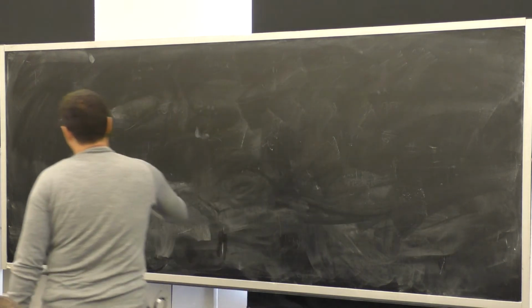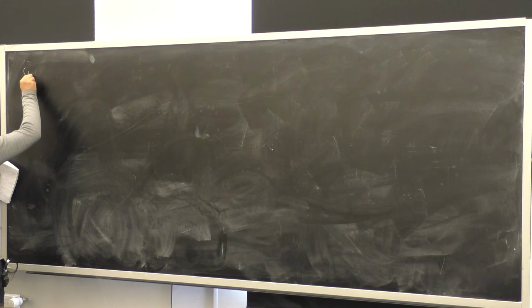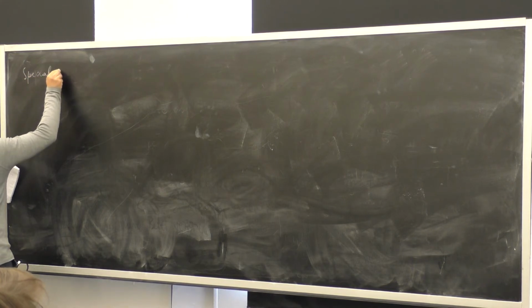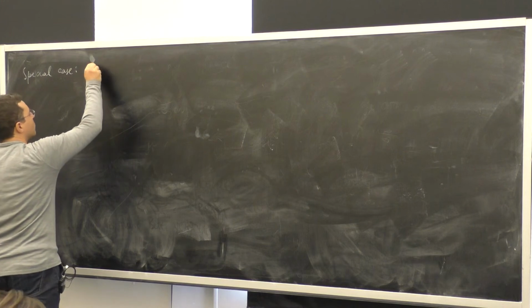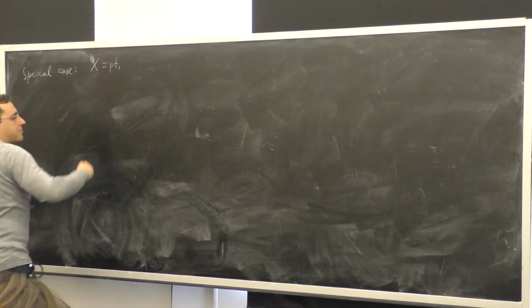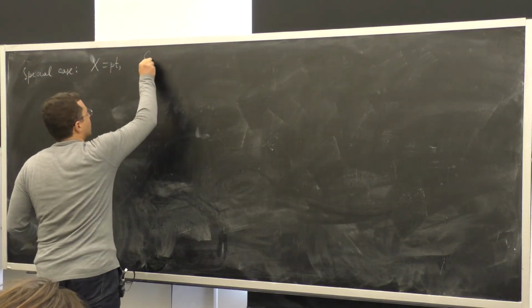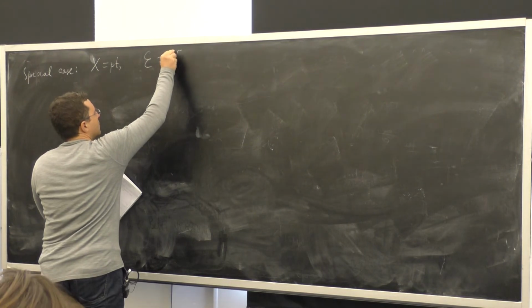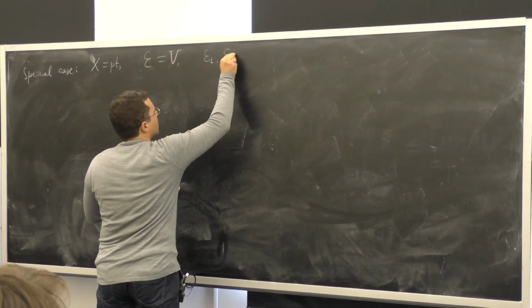Yes, so a special case. Let X be a point. So E is just a vector space, and E1, E2 are both 0.